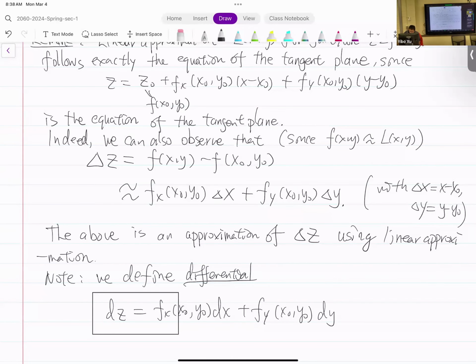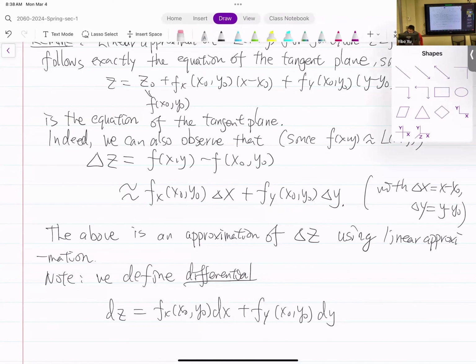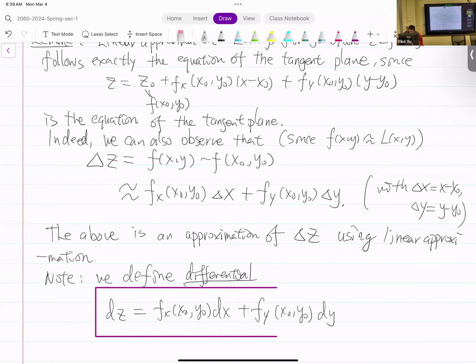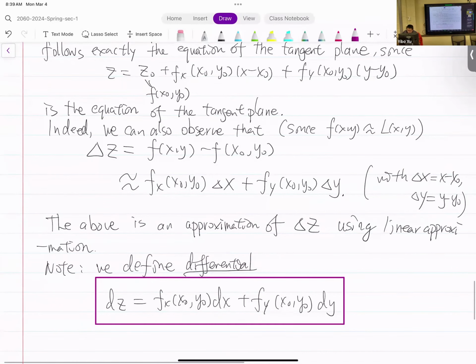Whenever they talk about this term, it just means that you are using the tangent plane to do the approximation and represent the change.